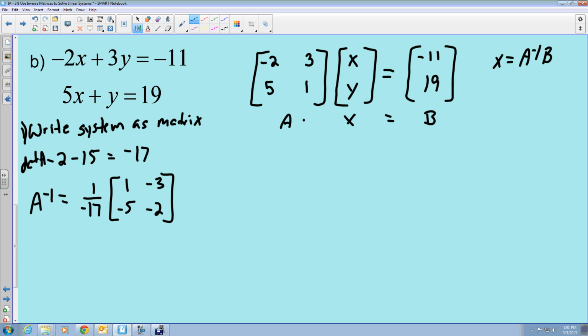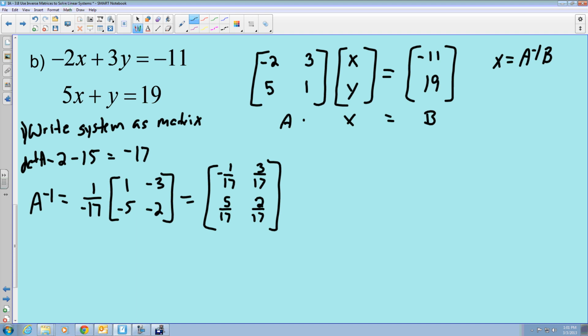Now I'm just going to use scalar multiplication to find the inverse. So it's going to be -1/17, +3/17, +5/17, and positive 2 over 17. So that's the inverse of A.